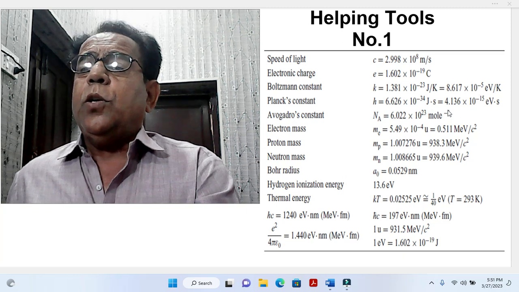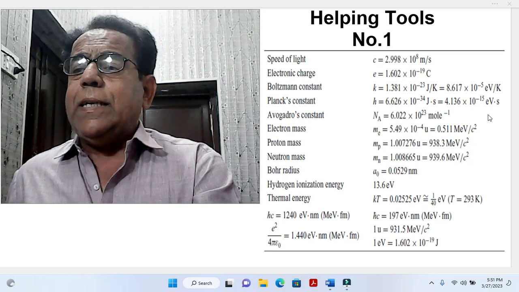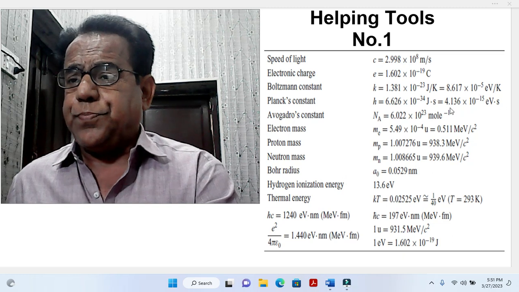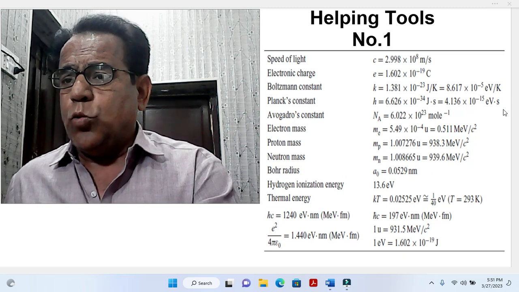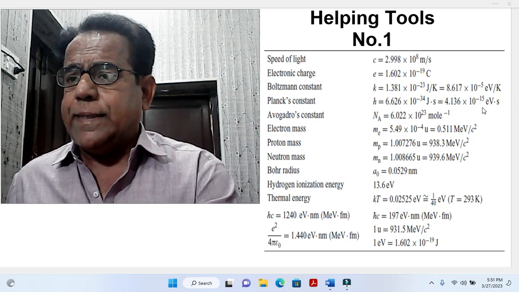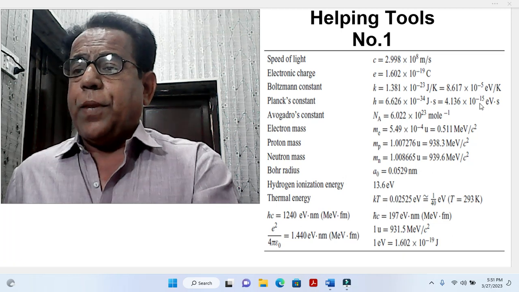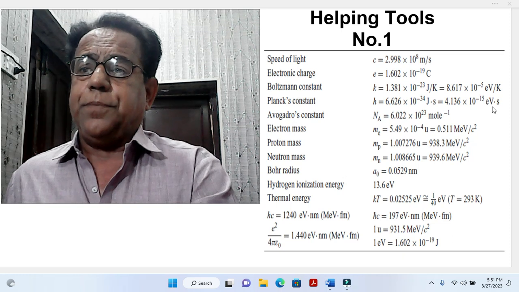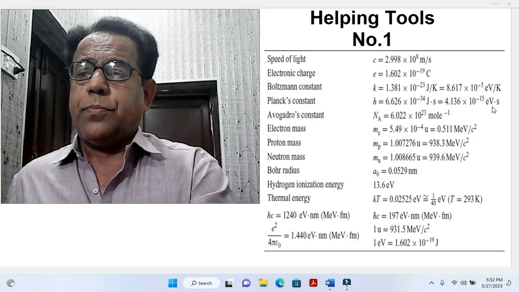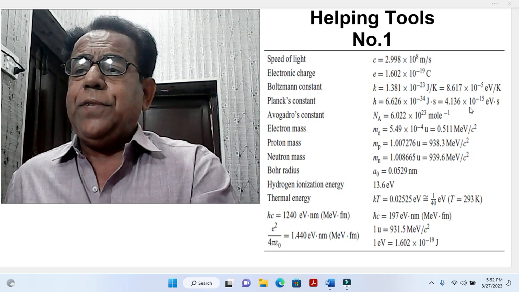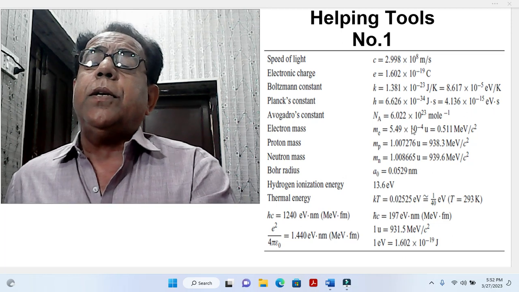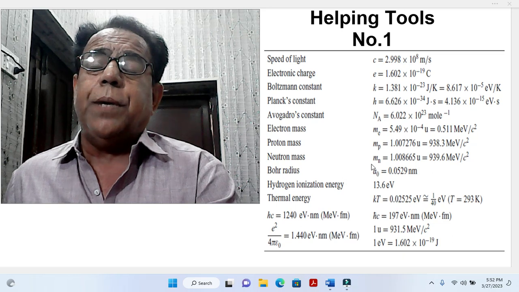The answer is given in this table, that is 4.136 into 10 to power minus 15 electron volt second. One thing we require is this, and the other thing required is the work function for sodium, Na.